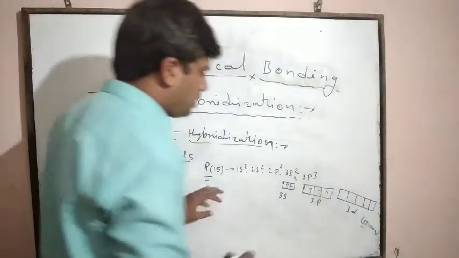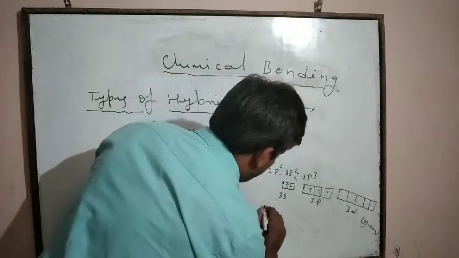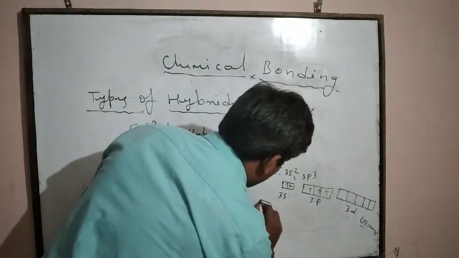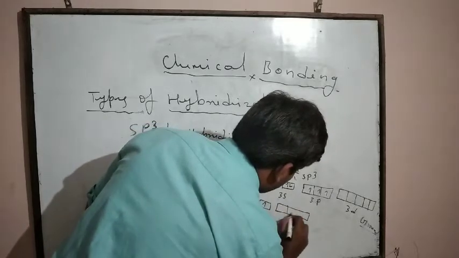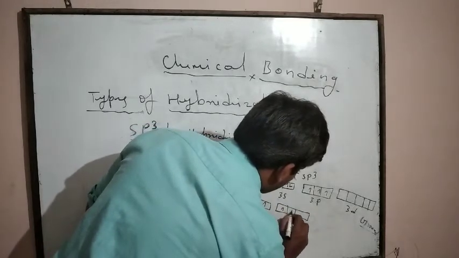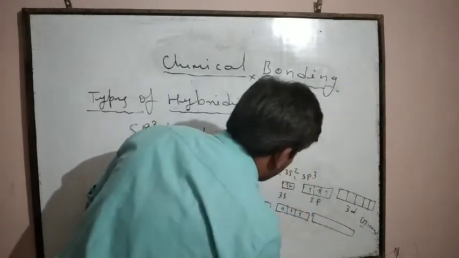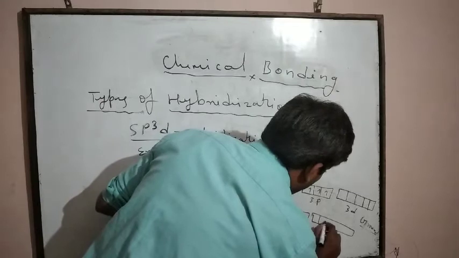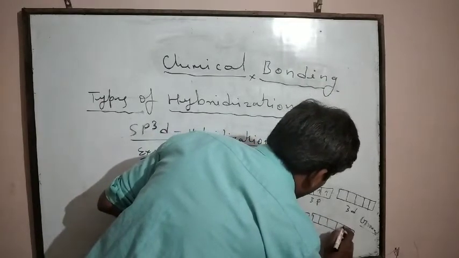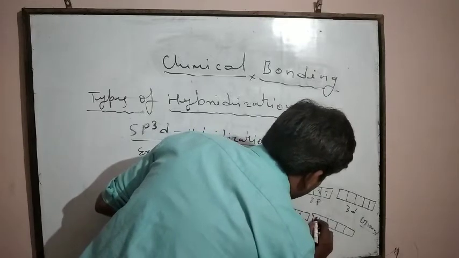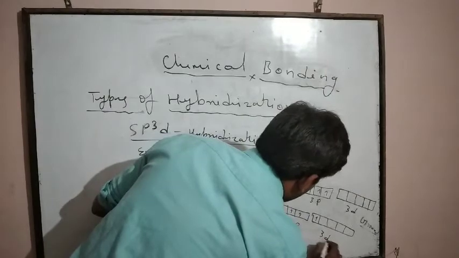But in the excited state, one electron jumps from 3s to 3d.